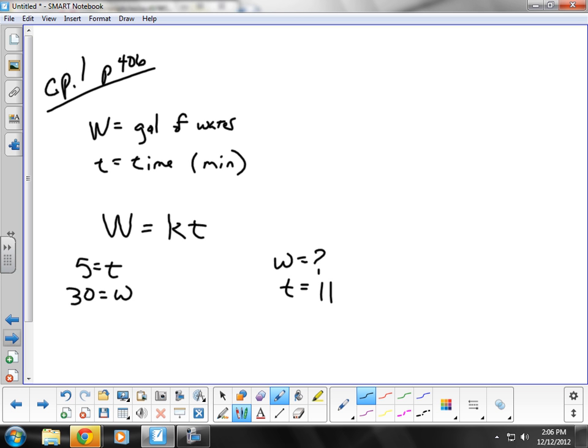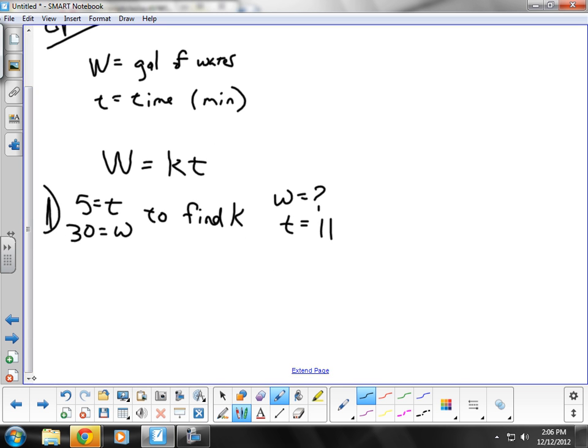Okay, so step one is writing all the information down, reading it and writing it down, looking for your variables, just writing down what the variables stand for, deciding if it's direct variation or inverse variation or any of the other things that we're going to talk about. Then you will always be given one piece of information that tells you both variables. You're going to use this information to find K. So you'll always take the one where it gives you both pieces of information together, and you'll find that constant of variation.